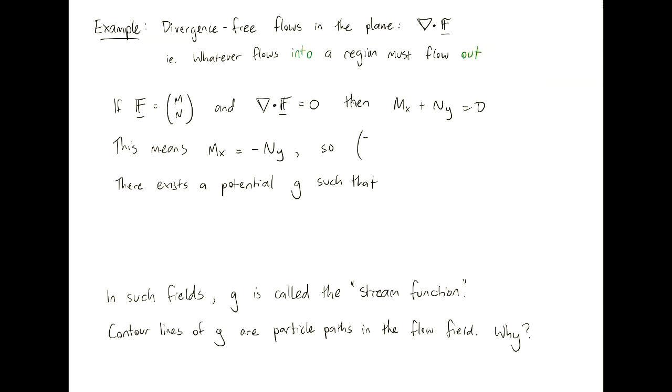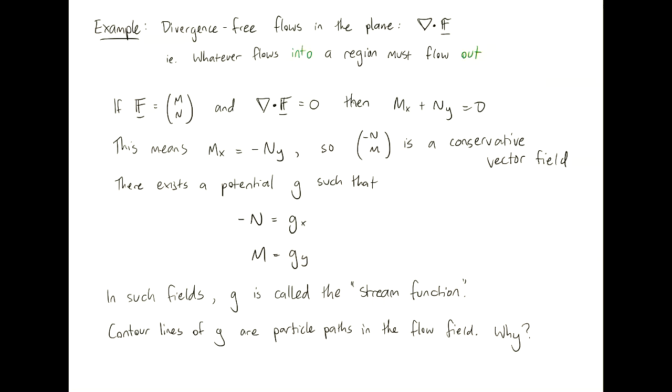So minus nm is a conservative vector field. Minus nm, that's got to mean something, and it does. That means there is a potential, and we're going to call this potential g. And that potential satisfies minus n is equal to gx, and m is equal to gy.